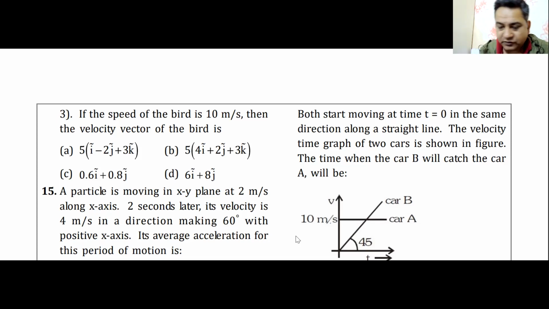That was the thing that should have been understood. You have to find the unit vector in the direction of that vector, multiply it with the speed, and you will get the velocity of the particle. Is it clear to everyone? That's how that question should have been done. A simple conceptual question involving the concept of unit vectors.